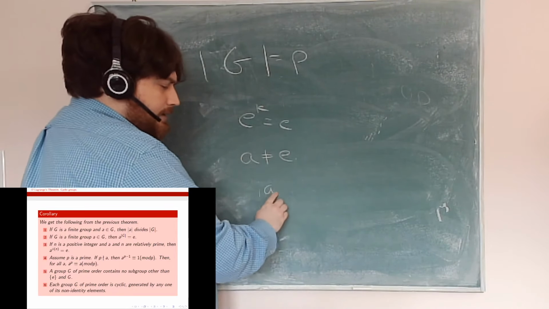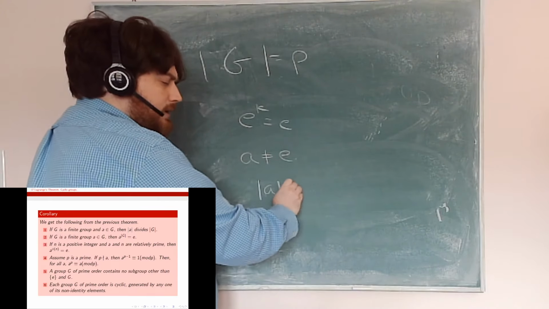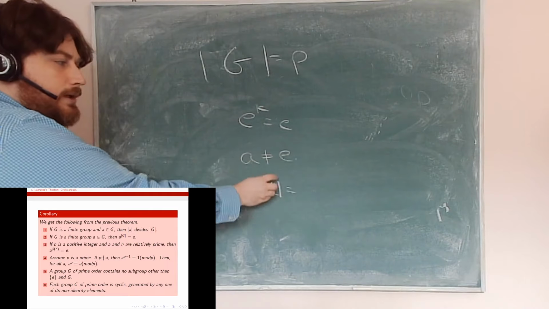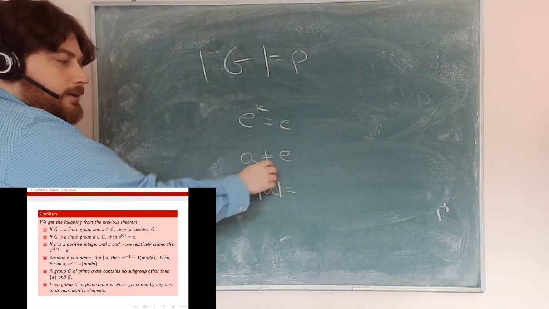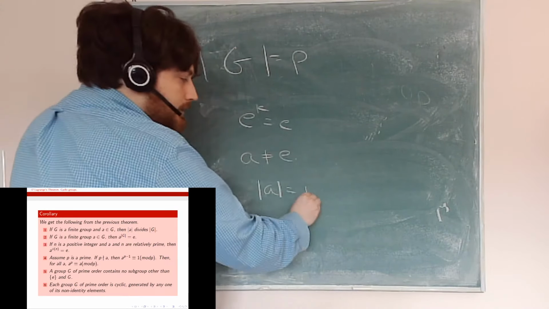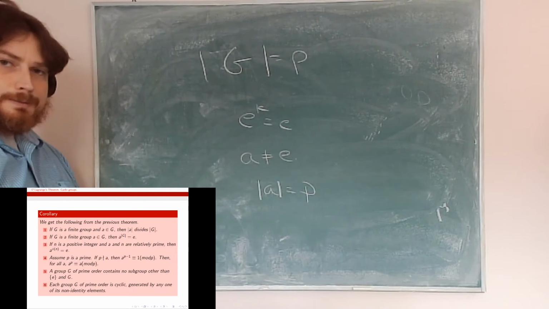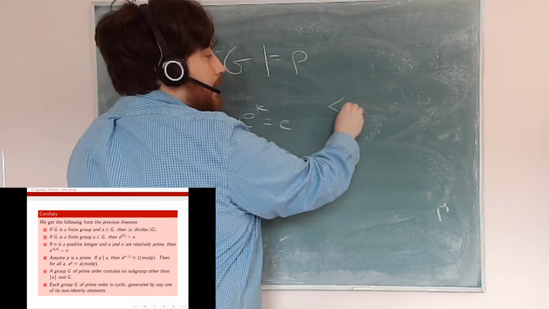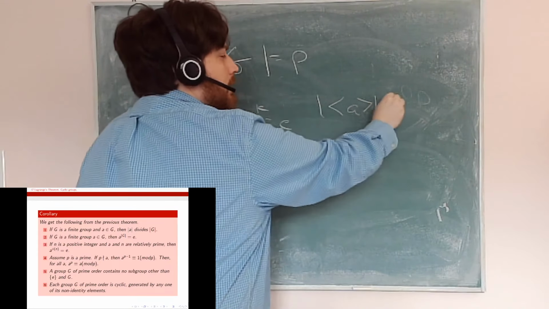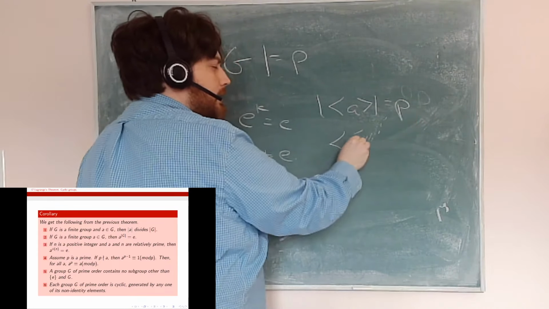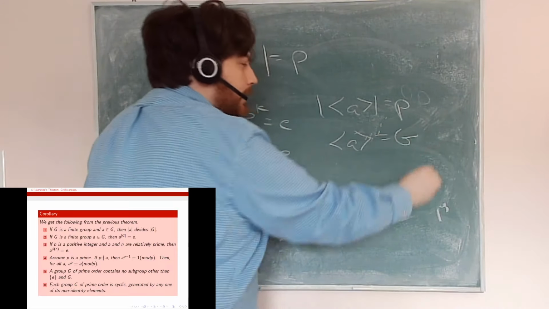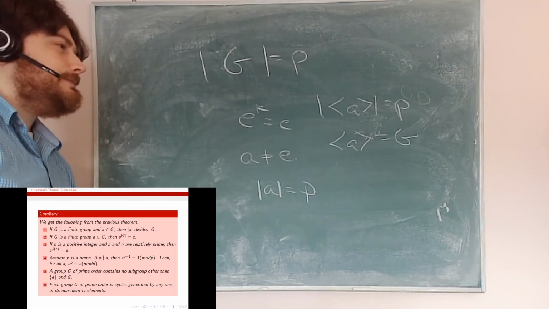Then the order of a has to divide p, but the order of a cannot be 1 because a to the 1 is not the identity, so the order of a has to be p. Therefore, the group generated by a has cardinality p, and it is a subgroup of G, so the group generated by a has to be G.